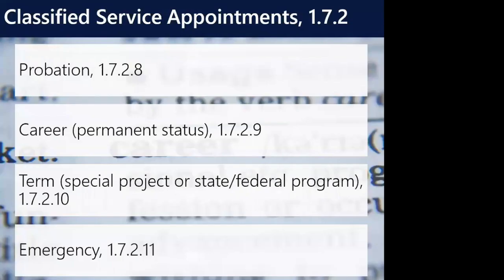So, all right. The rules also cover classified appointments, and in the definitions, all of these appointments are defined. And certainly, as we know, probation is less than 1 year, right? And if you have a break in service of at least 1 day, it will require the employee to serve another probationary period.